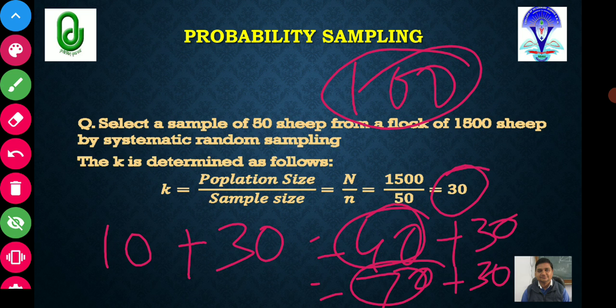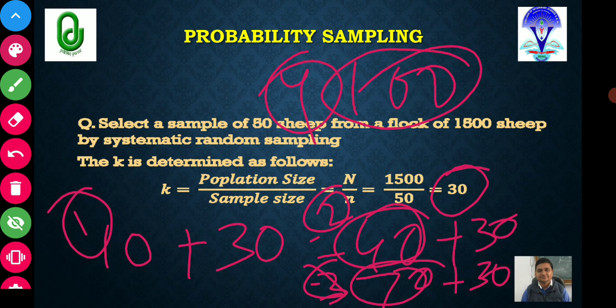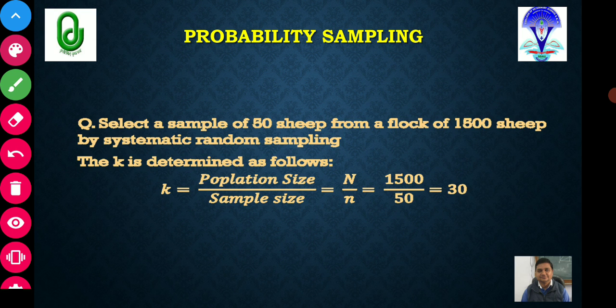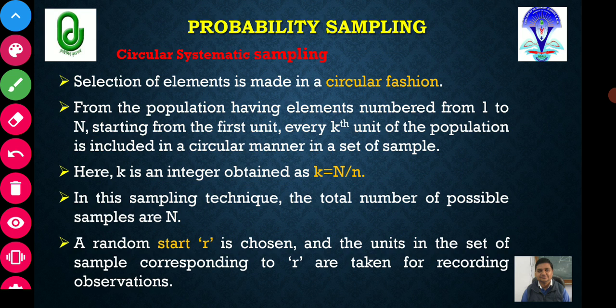I select the first sheep, then the second, then the third, and so on until I have 50 sheep. So this is the procedure by which we select the sample using the systematic random sampling method, also called the interval method or quasi random sampling method.